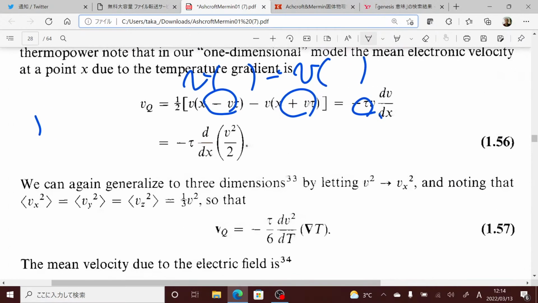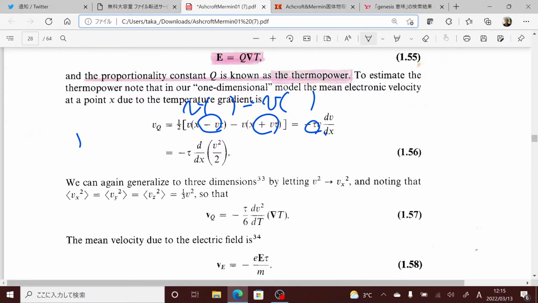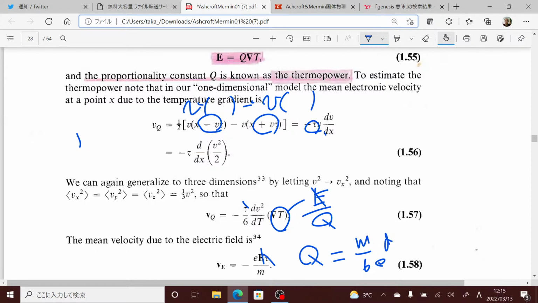Okay, let's do this. So Q is E over the gradient of T. Then we can see the τ cancels. So Q equals m over 6e times d v squared/dT.